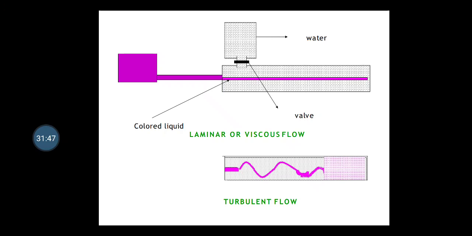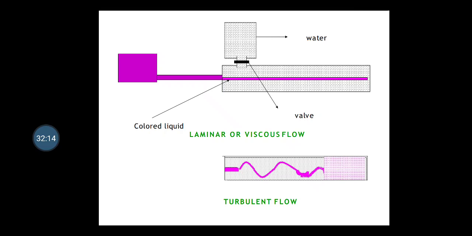The glass tube is cylindrical. This water tank is fitted into the glass tube by means of a valve, a stopcock, to vary the flow rate of the water. With the help of this valve, we can stop the cock to maintain the flow rate of your water.